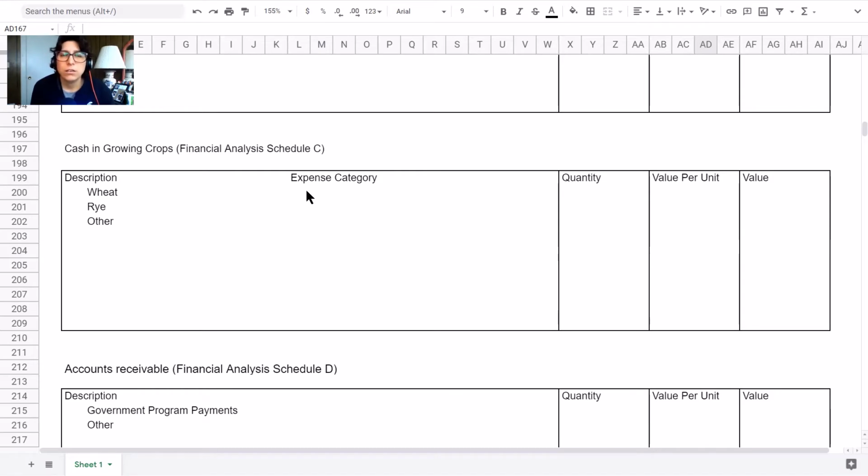If you are not sure how many tons are in a bushel or how many tons may be in a silo, there are hints for all of these things at the bottom. So, growing crops.